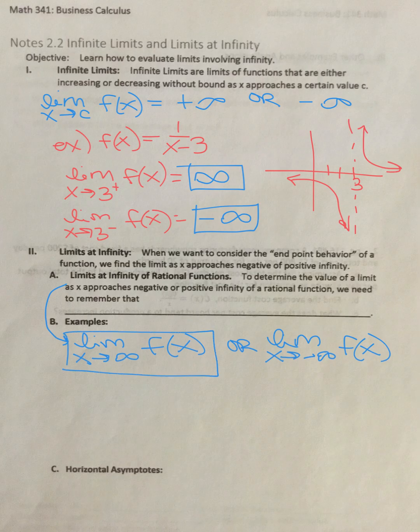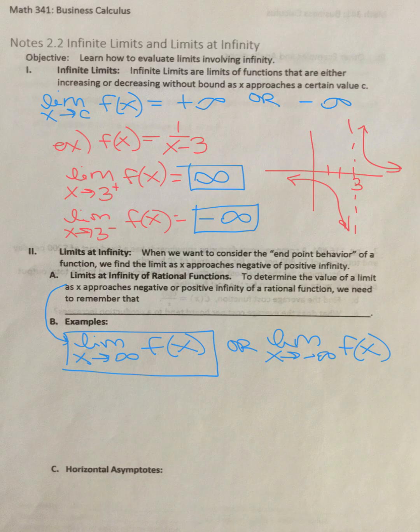The reason why is we're often dealing with this average cost per unit function, and we're trying to study what is the average cost per unit as production increases. So again, as x goes to infinity, the average cost per unit tends towards what? So that we can understand what's going to happen to our costs as we increase production.